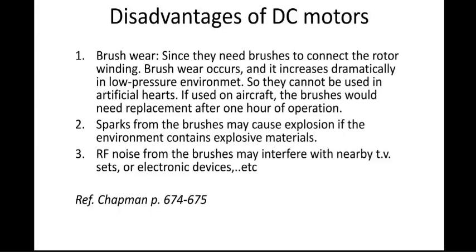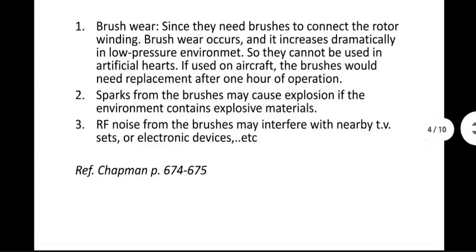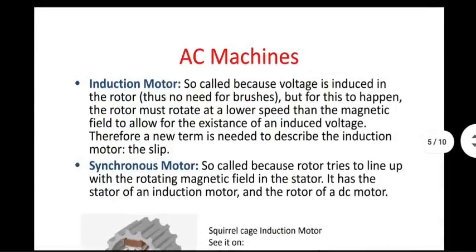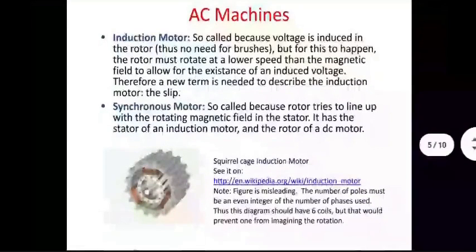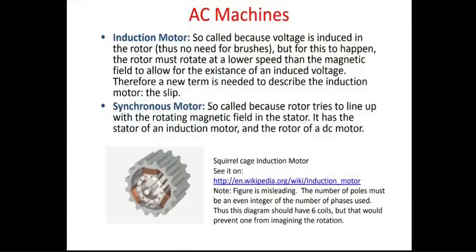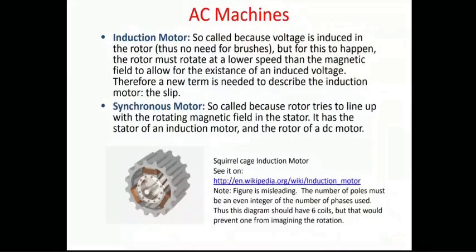There's a reference to a book here from where I think this PPT has been taken. Now, AC machines, as I was telling you last time, are either AC generators or AC motors. Another way to look at them is they are either single phase or three phase. And the third way to classify them is whether they are synchronous machines or induction machines.